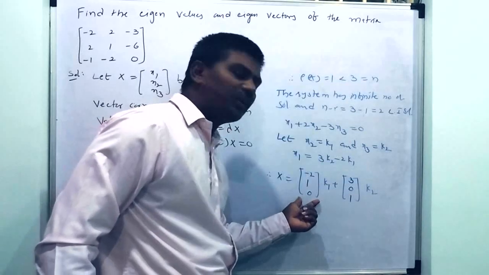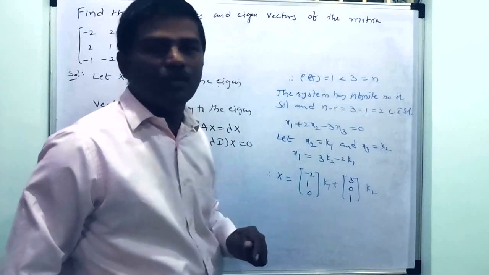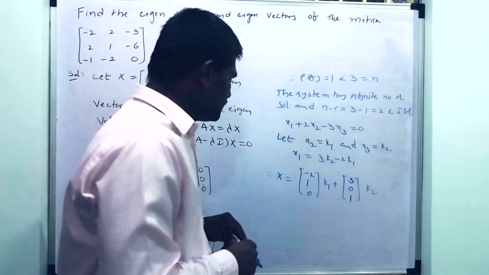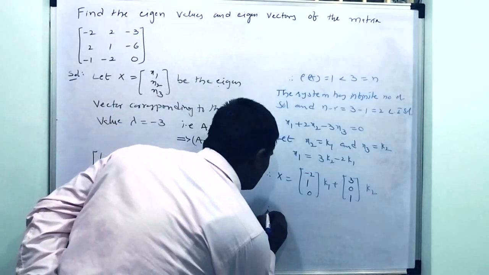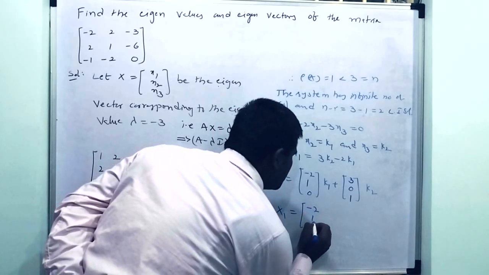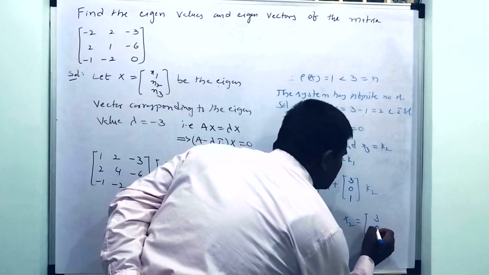This is one eigenvector and this is another eigenvector corresponding to the eigenvalue minus 3, which is repeated twice. So the eigenvectors are, therefore, x1 is an eigenvector which is minus 2, 1, 0, and x2 is another eigenvector which is 3, 0, 1.